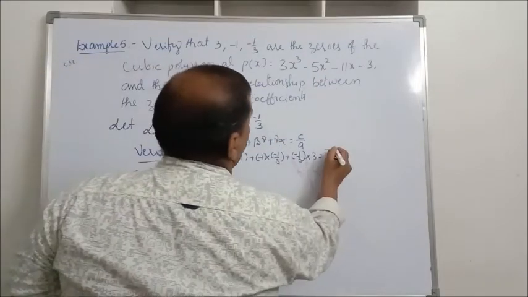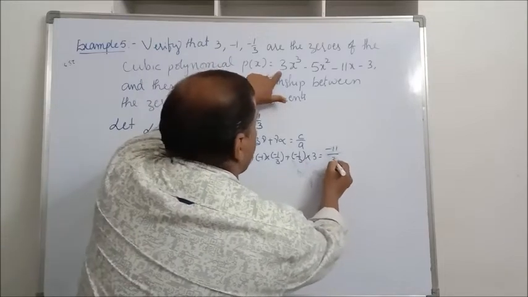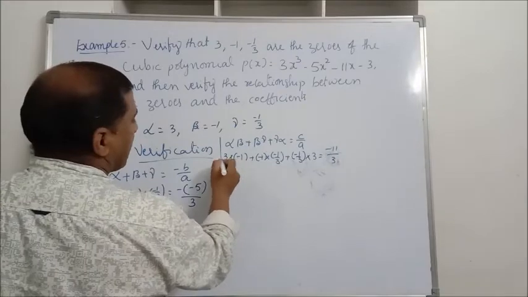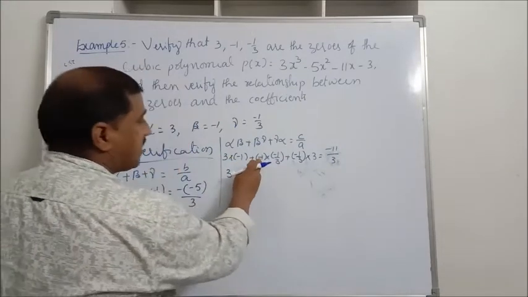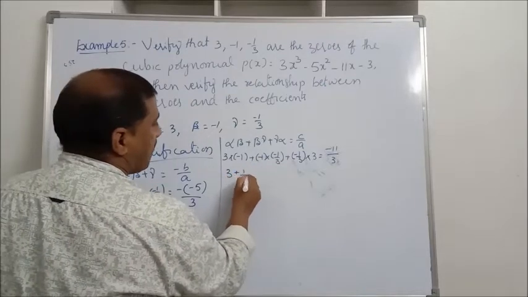C is equal to minus 11, a is equal to the x cube coefficient, it is 3, so minus 11 by 3. Now plus into minus is minus, 3 into 1 it is 3, minus into minus it is plus, 1 into 1 by 3.